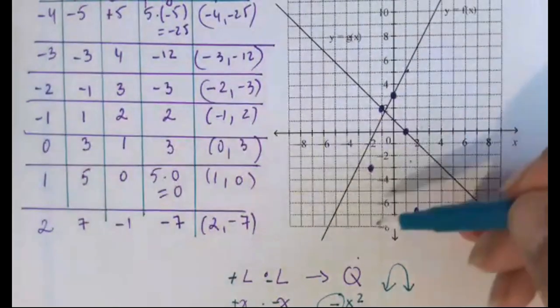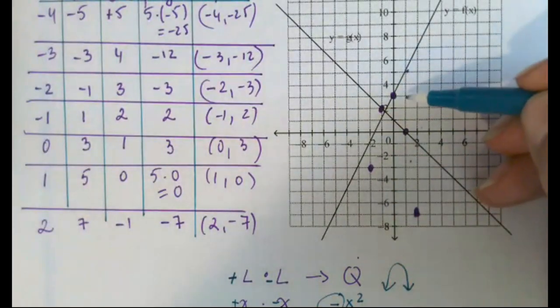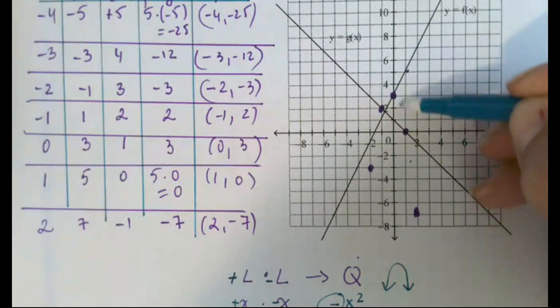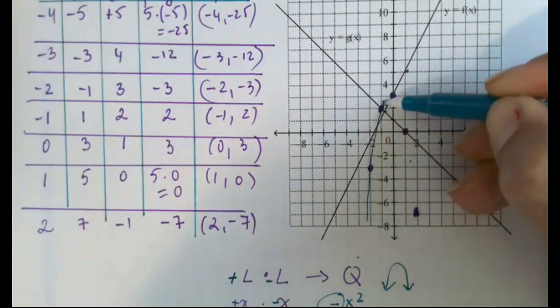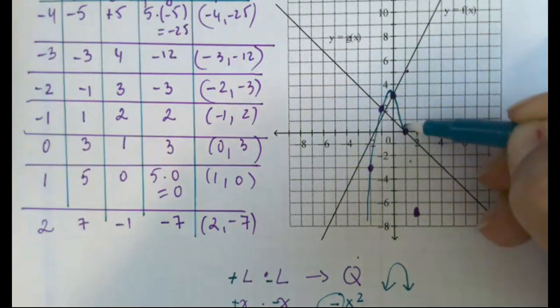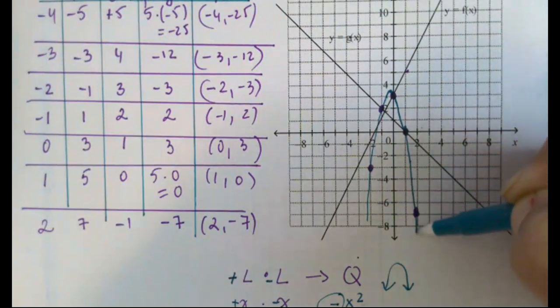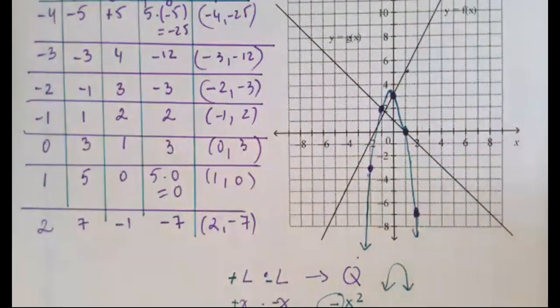Now, when I unite these points, I want to make sure I'm getting the shape of a parabola. This one doesn't look like it's the vertex, so I'll just go like that. The vertex is a little bit more to the left. And try your best to make it symmetrical.